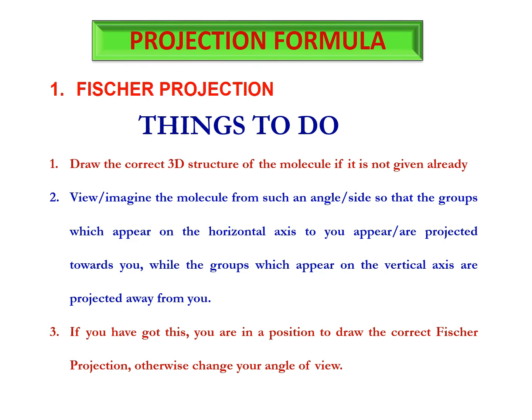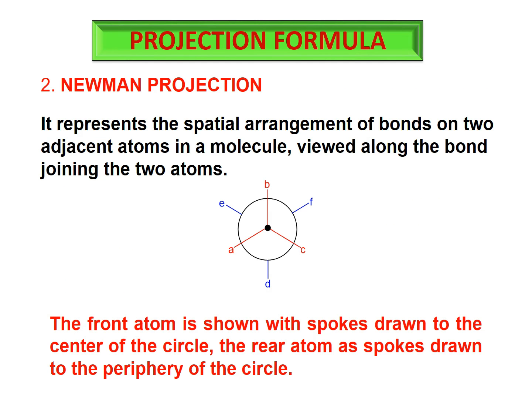Let's discuss another important projection formula, that is the Newman projection. A Newman projection is a drawing which represents the spatial arrangement of bonds or groups in space on two adjacent atoms in a molecule.